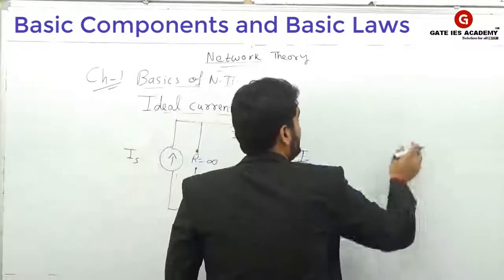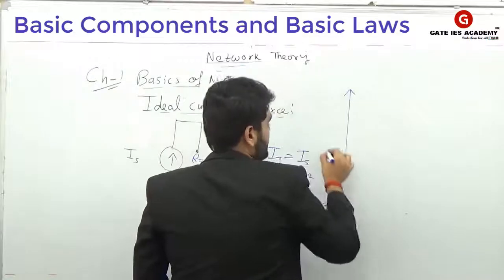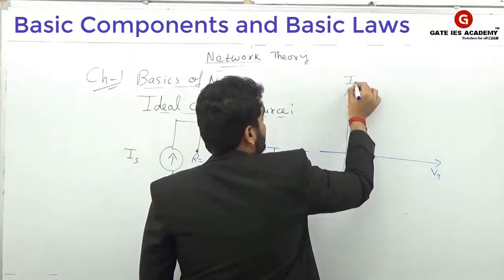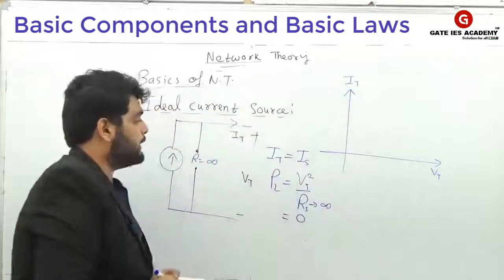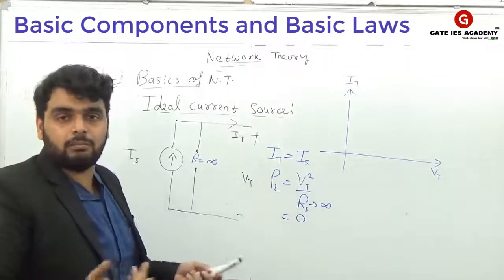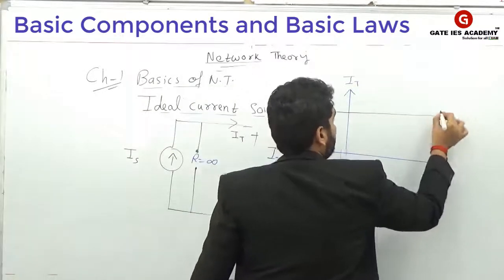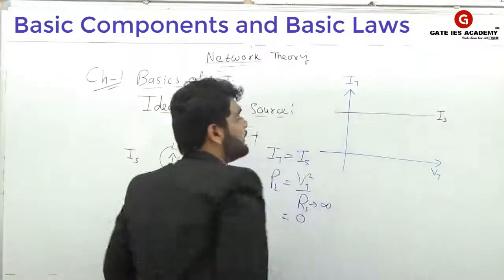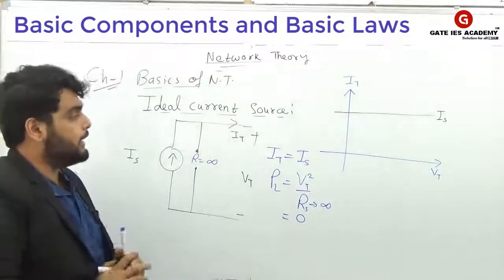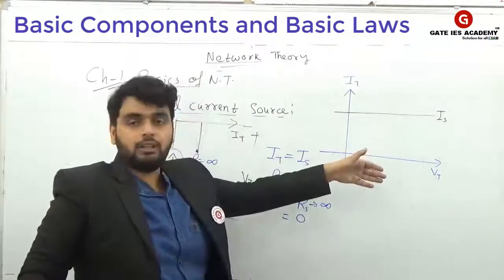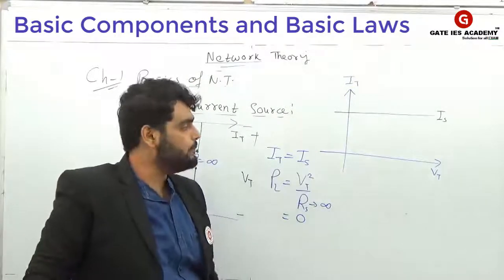Now, talking about the characteristic, terminal voltage versus terminal current: terminal current does not depend on terminal voltage, it is constant. So this will be the graph of the ideal current source: a straight line parallel to the voltage axis, right?